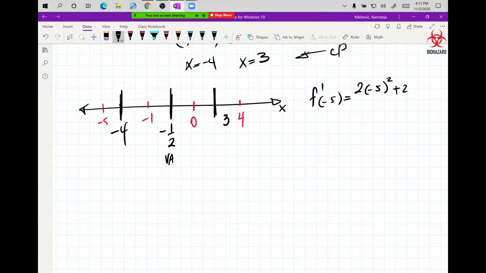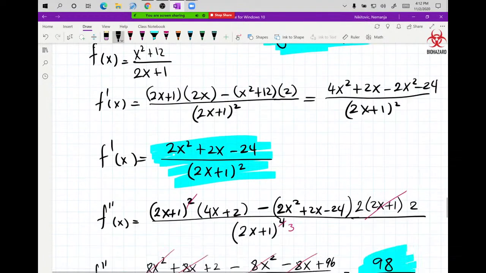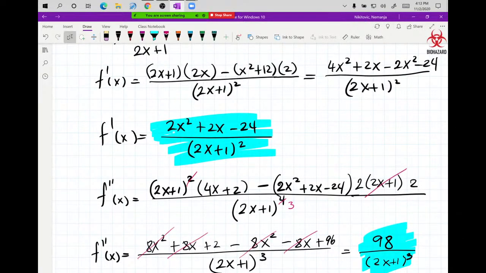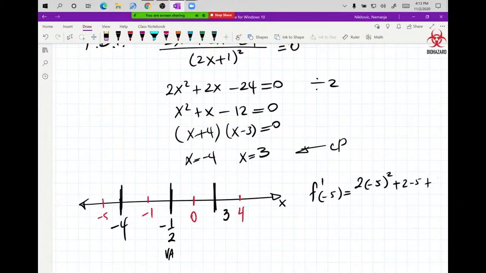Plus 2 times -5. I think it's a plus 4. No, 2x minus 24. There we go. This is going to be 25, 50. Yeah, it's going to be larger than 0.